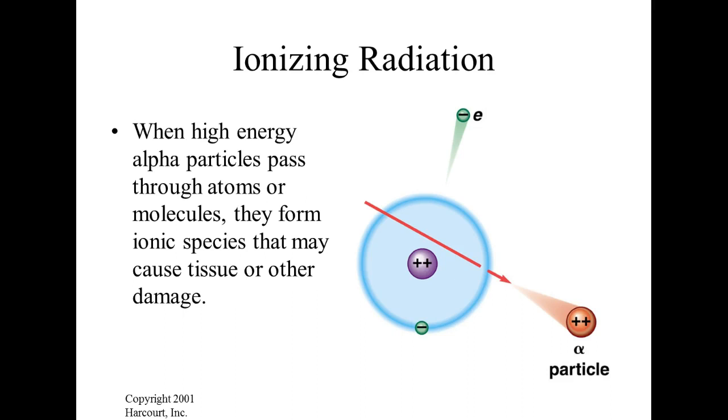So the problem with radioactive decay is these particles can have a lot of energy, and then they can go into the body and damage tissue or damage DNA. That's called ionizing radiation, where you're actually changing elements in the body into ionized elements, and those things can hurt muscle tissue and bone tissue.